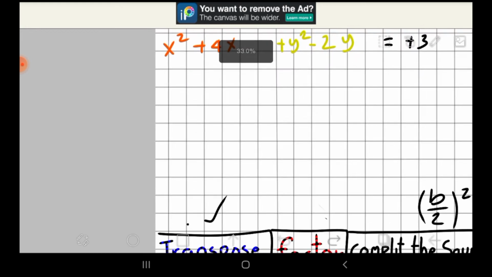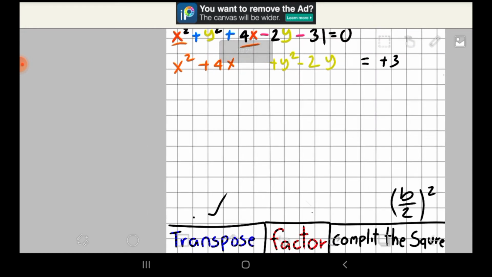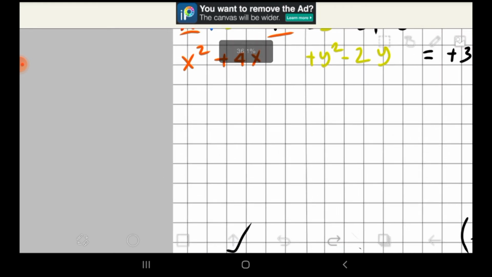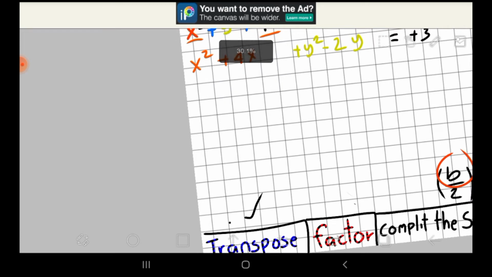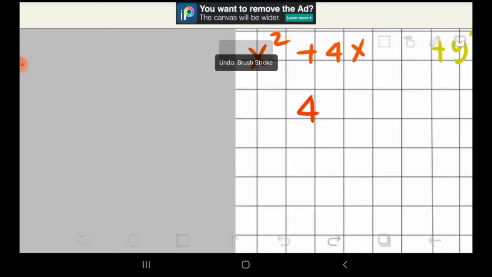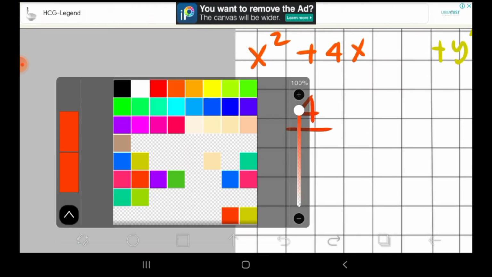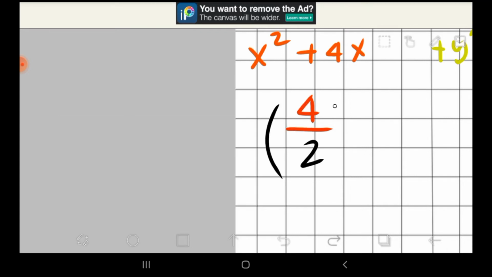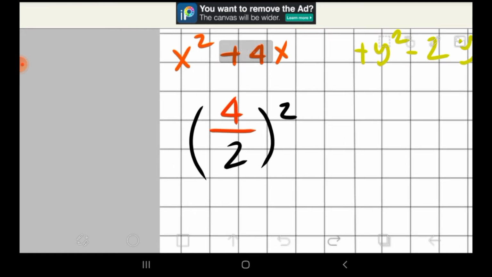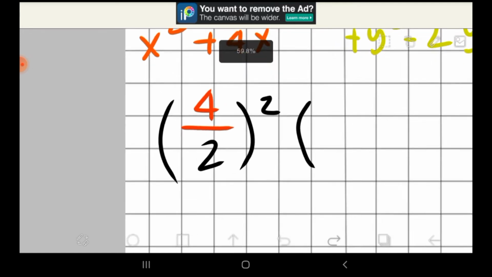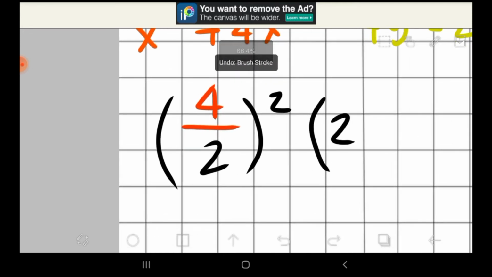X now, the bx, the second term of x is 4, because this is the leading term, and then there's the second term. Now we'll swap the b on this equation, so it will be 4 over 2 squared. 4 divided by 2 is equal to 2 squared.